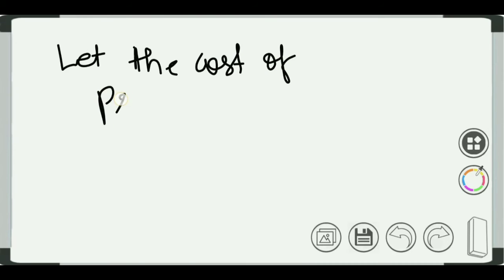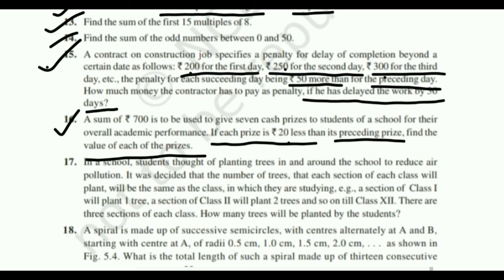You need to find the cost of prizes. So let the cost of the first prize be P. So what will be the cost of the second prize? Each prize is 20 less than the preceding prize. That means if you take the first prize value as P, the second prize is P minus 20.